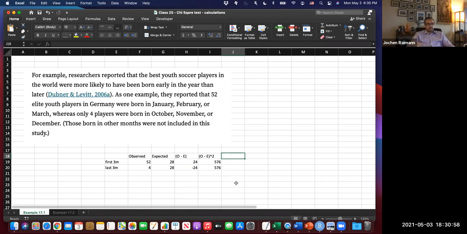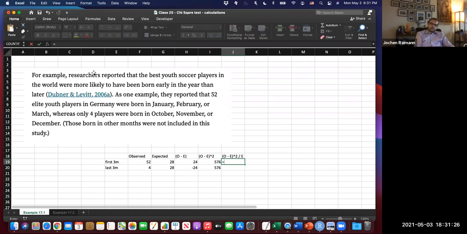This is what we're doing now: observed minus expected squared, standardized to the expected. By that, you get the difference standardized to what you had expected in that group.